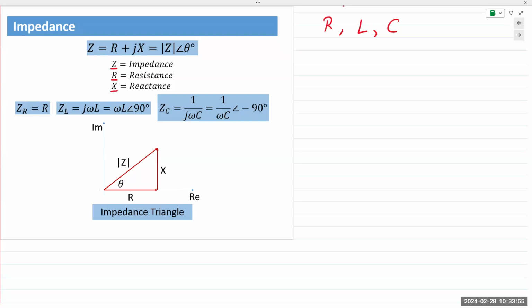That magnetic field gives rise to an opposing voltage. That voltage polarity is opposite of the initial voltage that is generated due to that input current. Okay, it causes an opposing voltage, and that opposition is represented by the reactance.